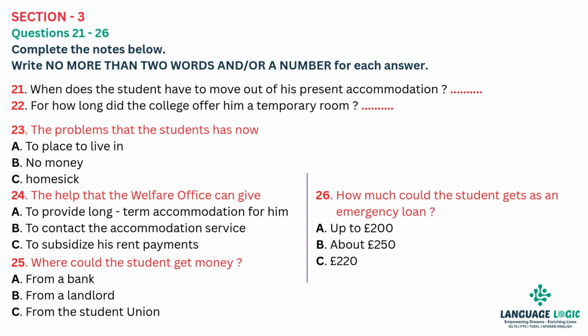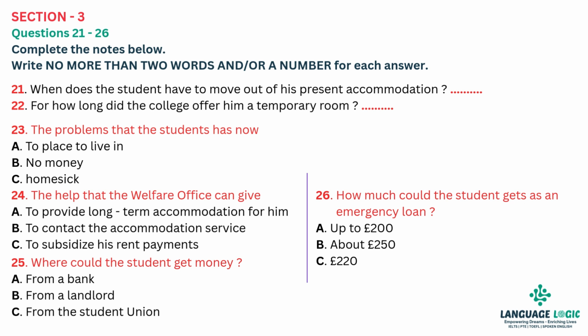Section 3. You will hear a conversation between Caesar and a welfare officer. First, you have some time to look at questions 21 to 26. Now listen carefully and answer questions 21 to 26.